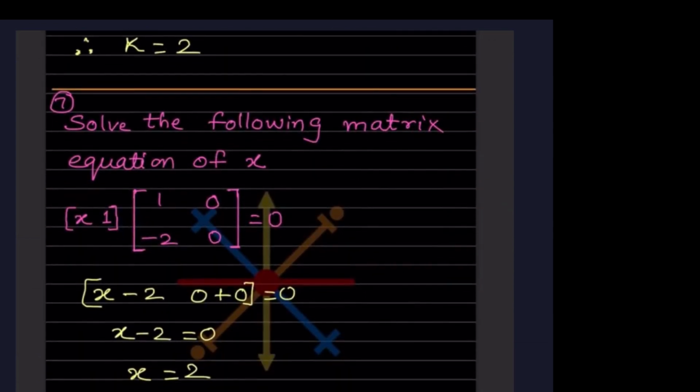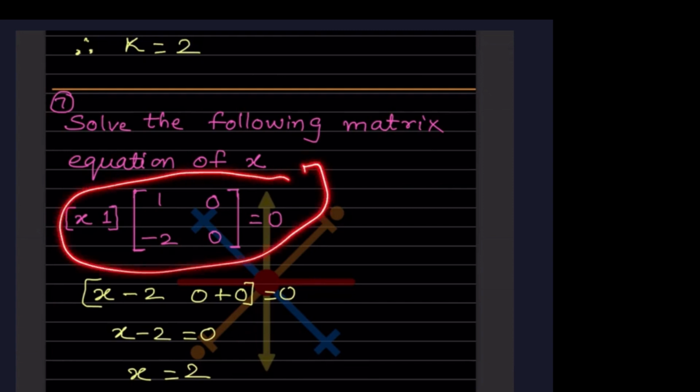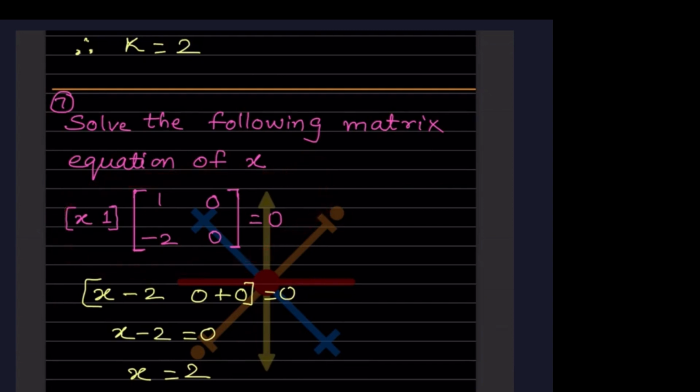Now let us go for the next question here. Solve the following matrix equation for X. So now this is given. So what are you going to do here? First, this into this will be X, this into this will be X, and this is going to be minus 2.